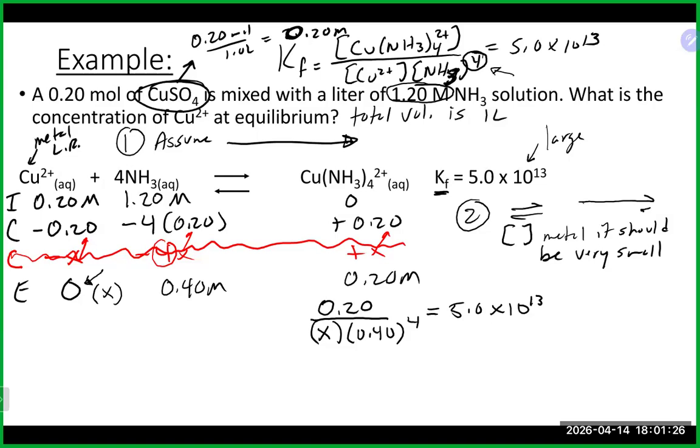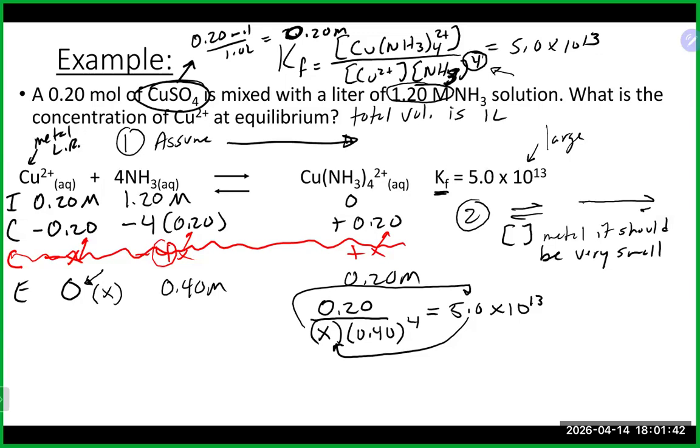We're going to solve for X in this case, which is the copper concentration. To do that, you're going to divide this to the other side, and then multiply this to the other side. Ultimately those two switch places.